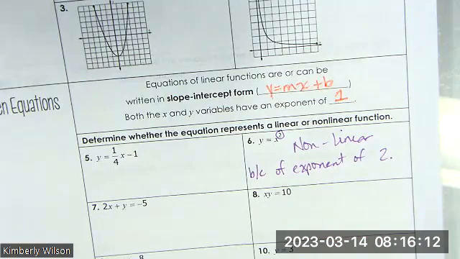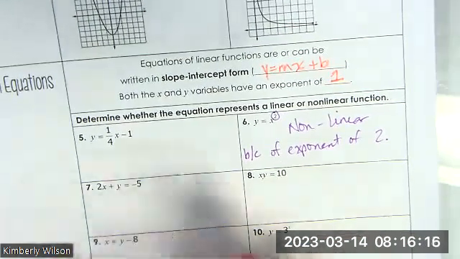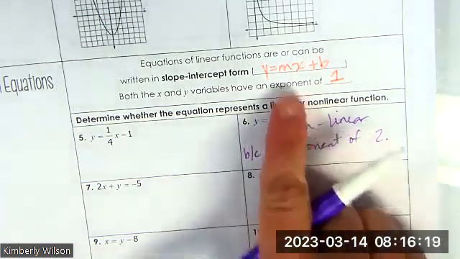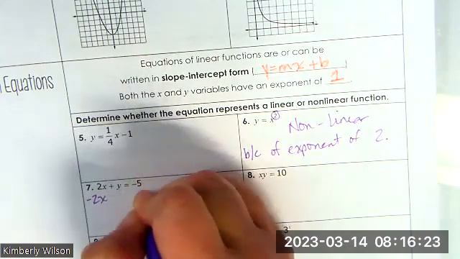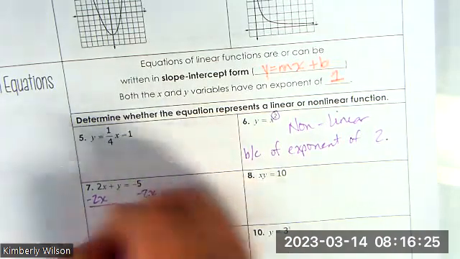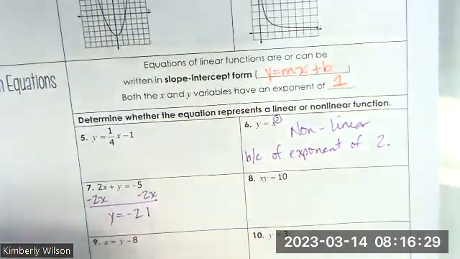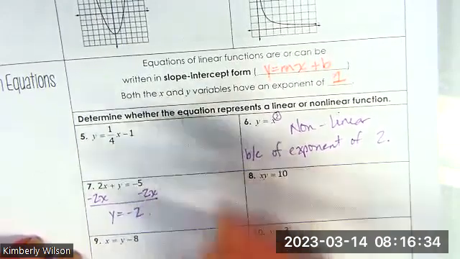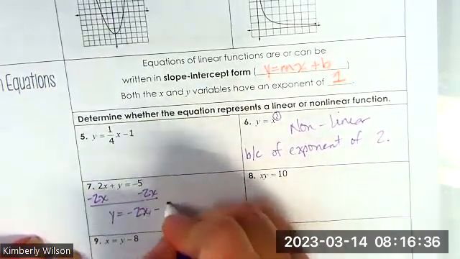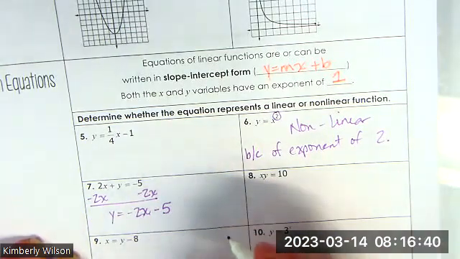Next example, number 7. It's not in a form that looks like slope-intercept form, so that means I need to rearrange it. I'm going to solve for y, subtract the 2x, and I get y equals negative 2x minus 5, which is in the form of y equals mx plus b.